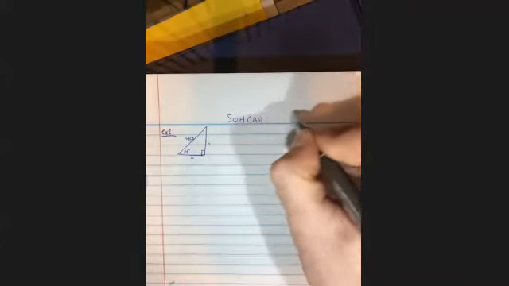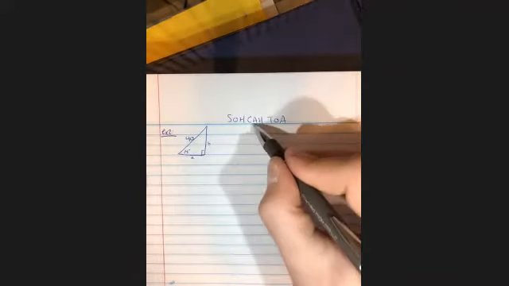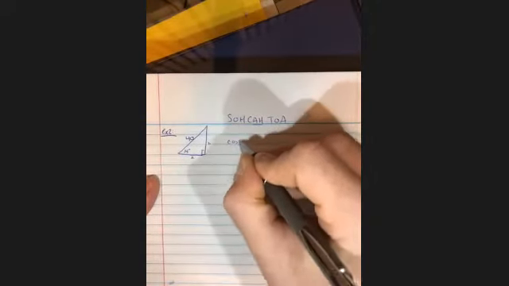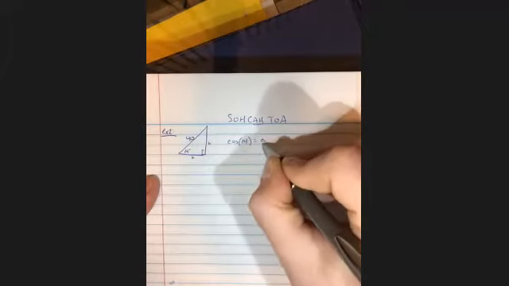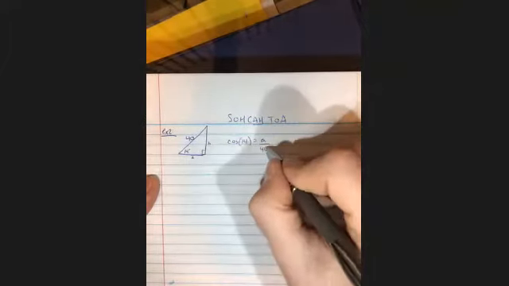Well, sine deals with opposite and hypotenuse. Cosine deals with adjacent and hypotenuse. And tangent deals with opposite and adjacent. Which one deals with adjacent and hypotenuse? Cosine. So I know the cosine of 14 degrees is equal to A, which is adjacent, over the hypotenuse, 40.